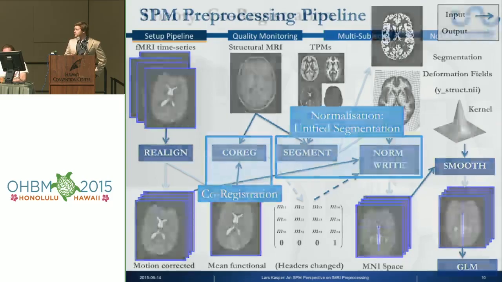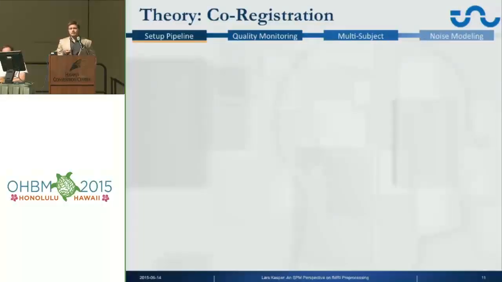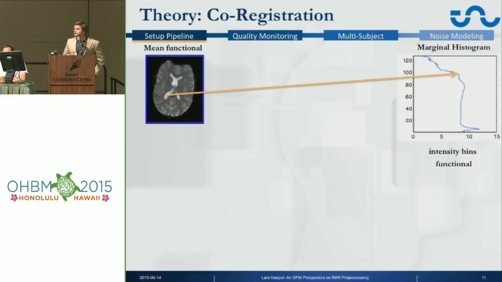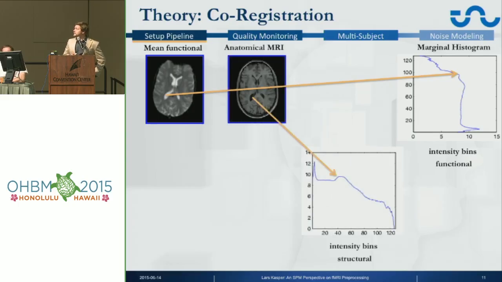So for the co-registration, I want to explain what the joint histogram is, and that refers to the fact that you are co-registering images of different contrast. So let's say you have a CSF voxel in the EPI. It has a very high intensity that shows up in the histogram at a very high signal intensity peak, whereas in the anatomical image it's very dark and still refers to a peak in the histogram.